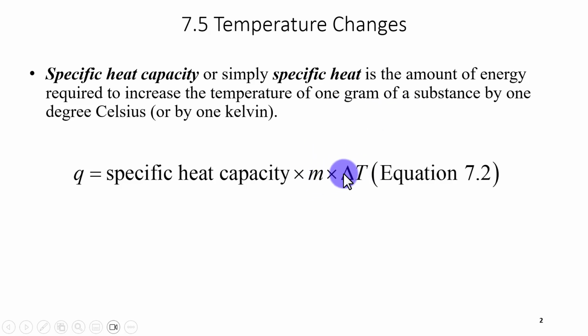So m is 1, delta T is 1, and the specific heat capacity then is equal to the amount of heat. Make sure that you have this equation handy because we are going to be using this to do calculations.